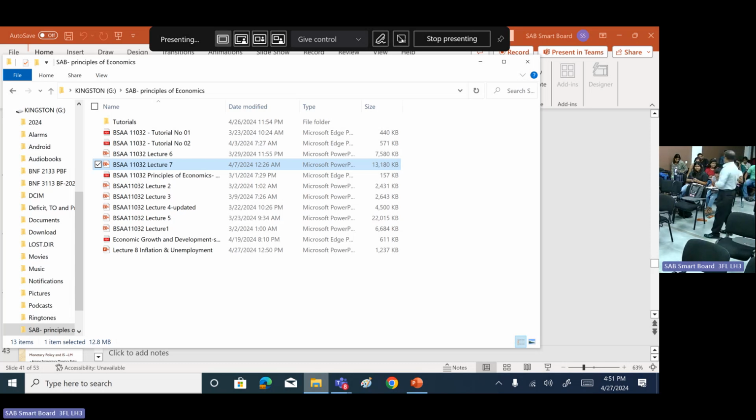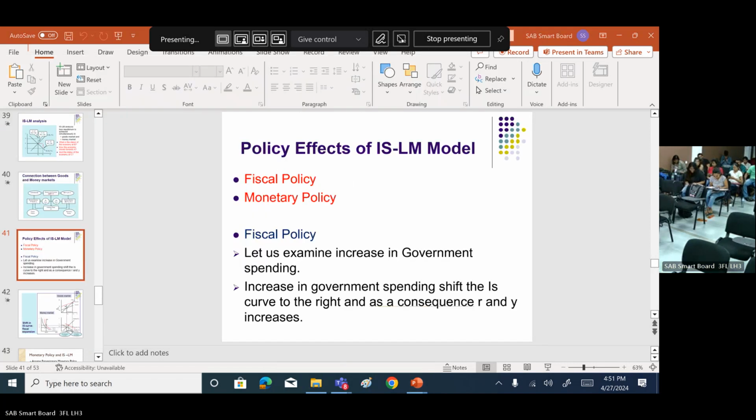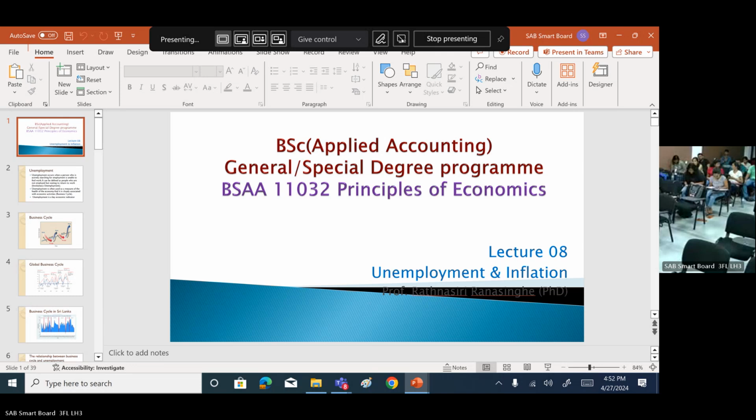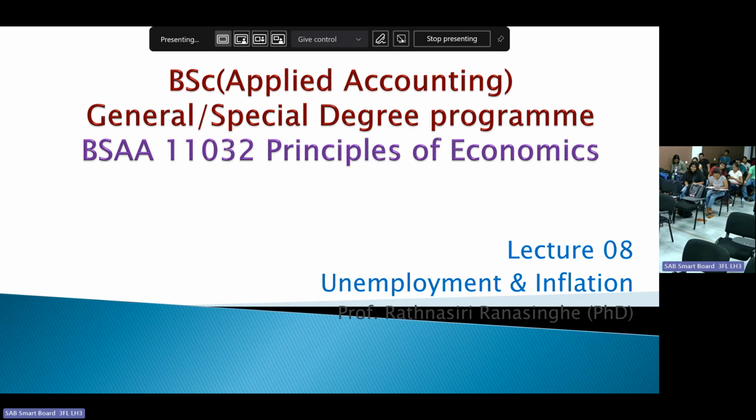I will explain those things, but in the examination we are not going to touch those areas deeply. These are two important areas, important macroeconomic variables and objectives as well: inflation and unemployment.